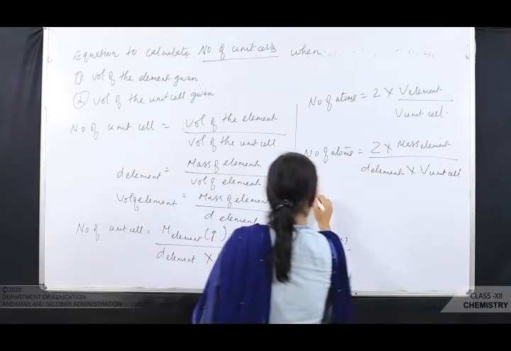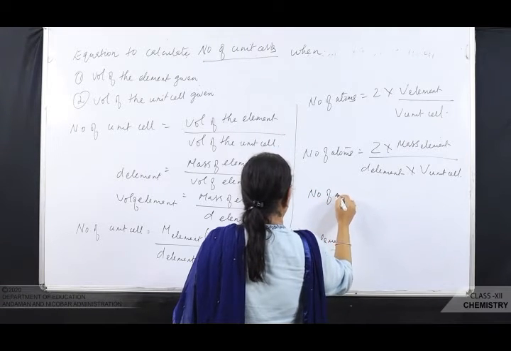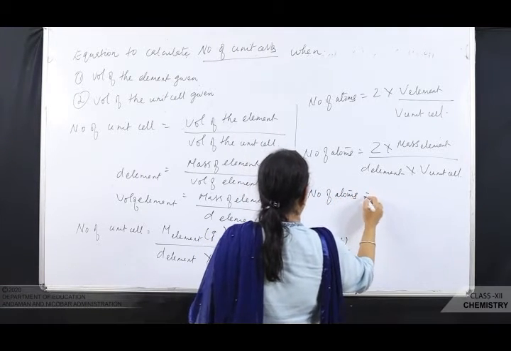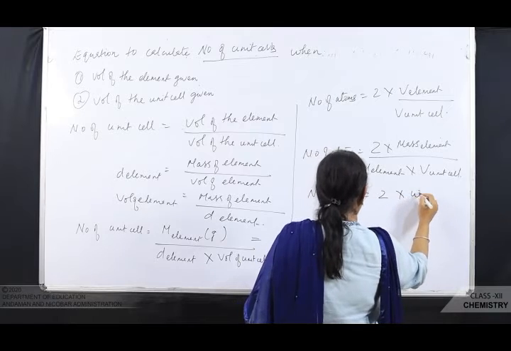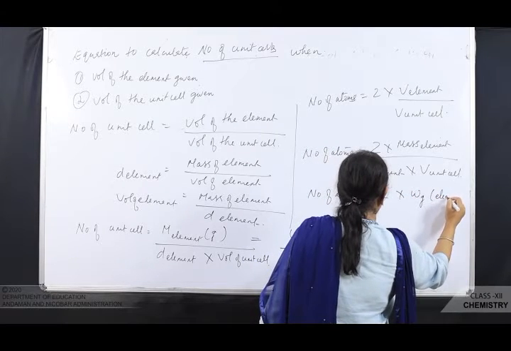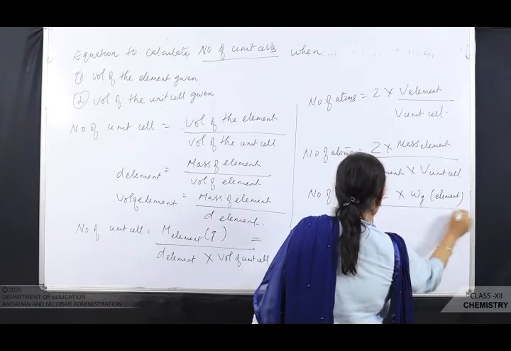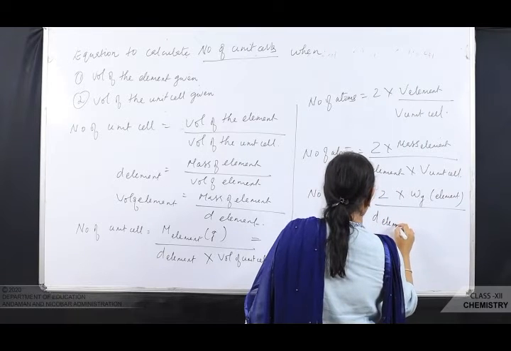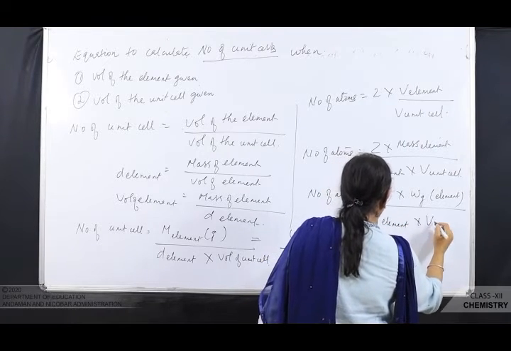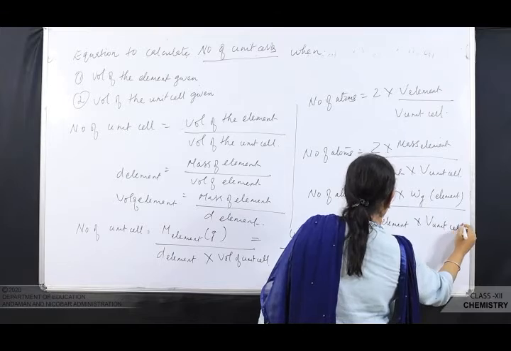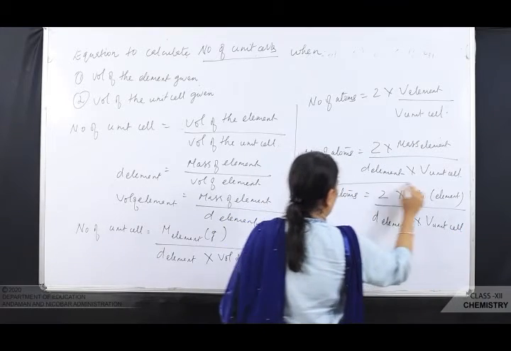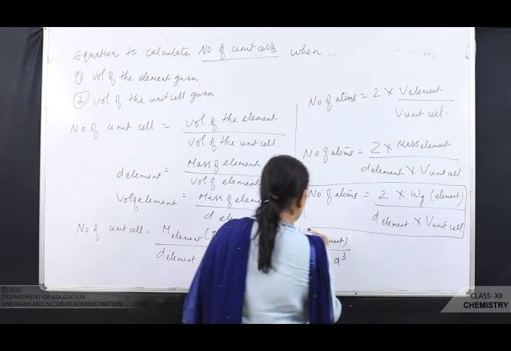I can write number of atoms is equal to Z into mass of the element in grams divided by density of element into volume of unit cell. So using this equation you can calculate directly the number of atoms.